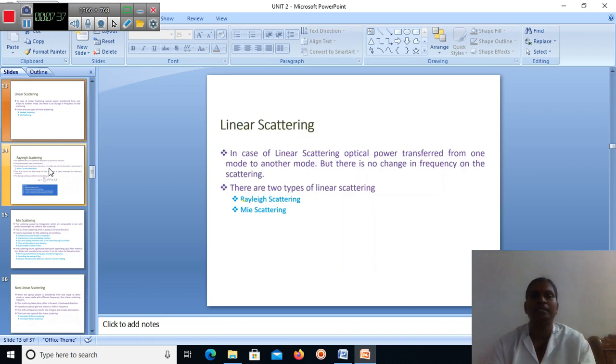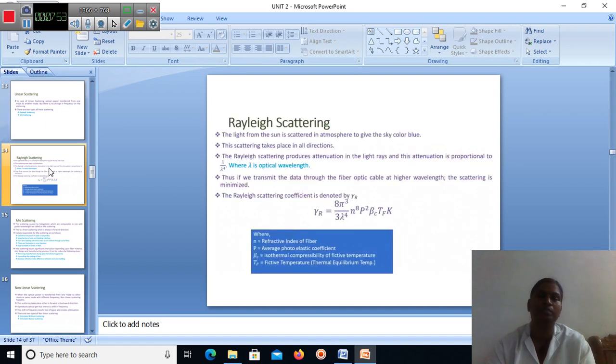We know that linear scattering is nothing but power transferred from one mode to another mode in all ways, but there is no change in the frequency on the scattering. There are two types of linear scattering: one is Rayleigh scattering and one more is Mie scattering. In Rayleigh scattering, the sun is scattered in the atmosphere, which makes the sky color blue.